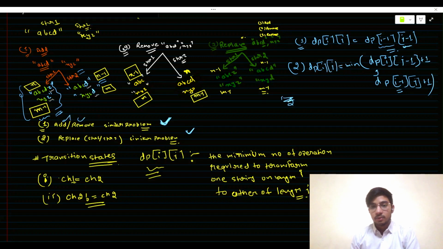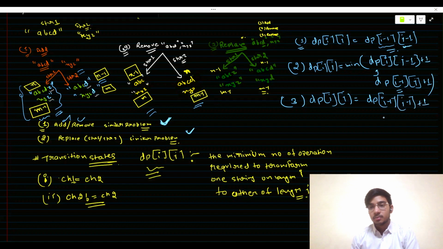And what will be the transition state for the operation replace? In this case, I could write dp of ij is equal to dp of both lengths reduced, dp of i minus 1, j minus 1, plus 1 if I do the operation. So if they are matching, the length reduces by 1 and I do not do an operation, right?